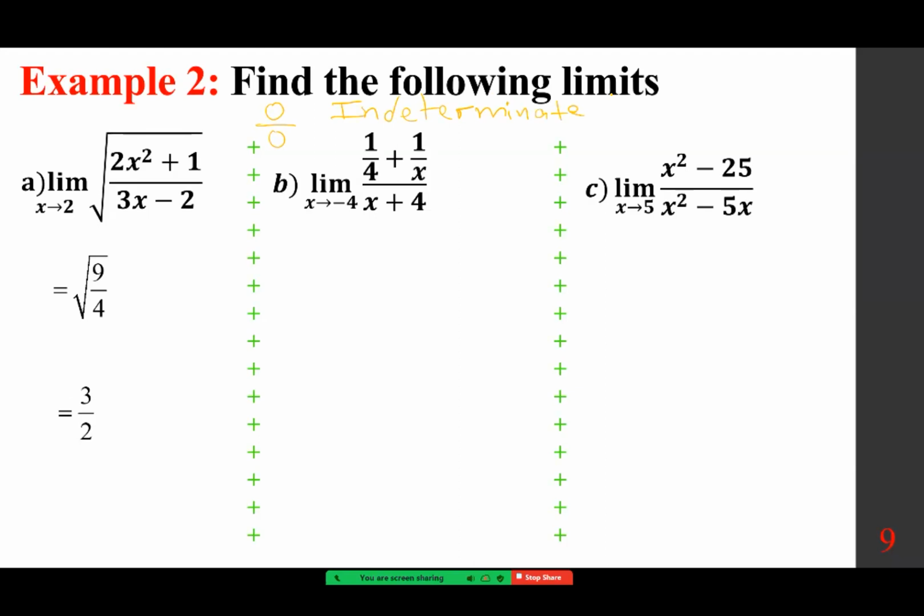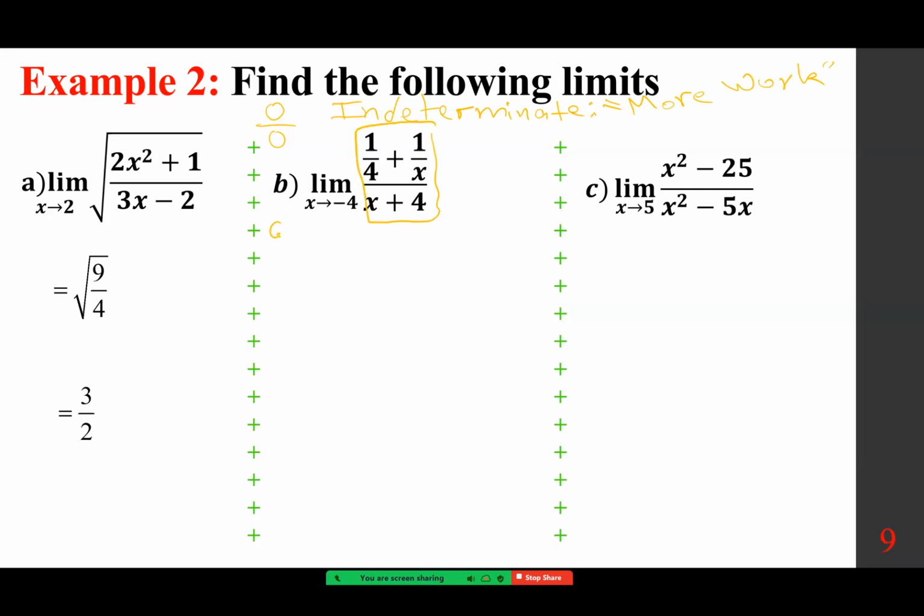And if you recall, I said to me, indeterminate means more work. What does it mean, more work? Algebraic techniques. And we've been exposed to some algebraic techniques, so we need to know what algebraic technique we need here.